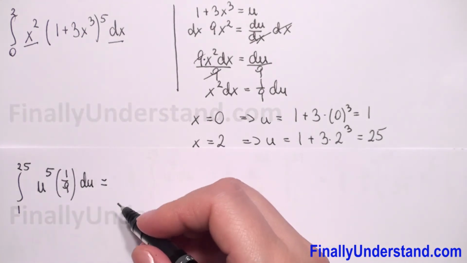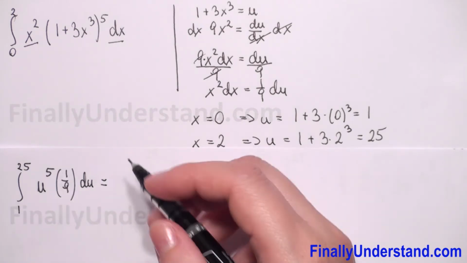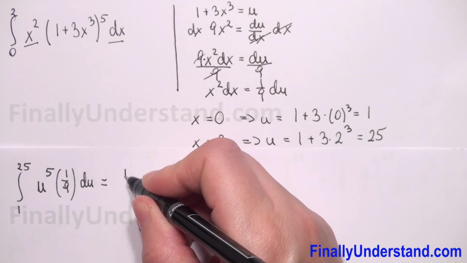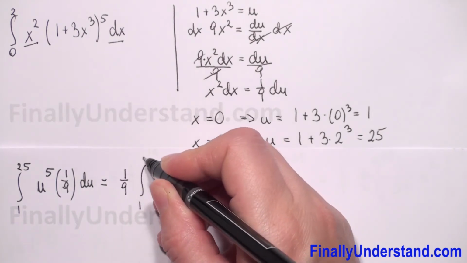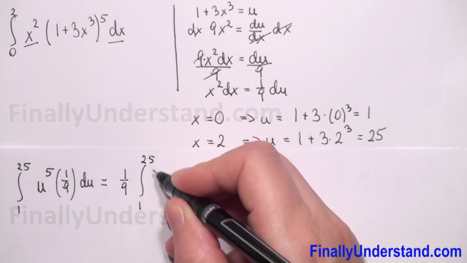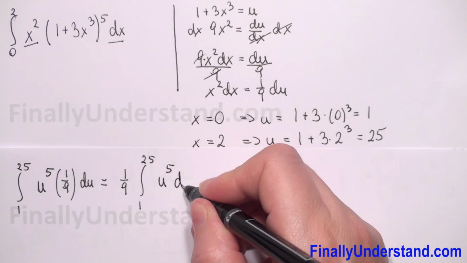This is equal to, first, I will take the constant before the integral symbol, so we have 1 over 9 integral from 1 to 25 of u to the 5th power with respect to u.